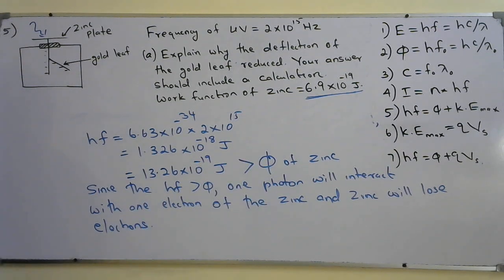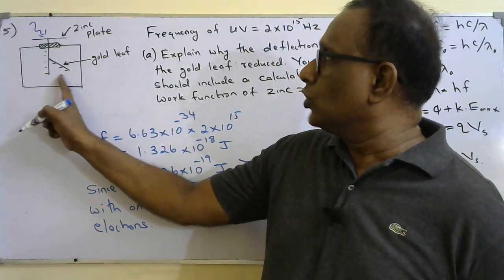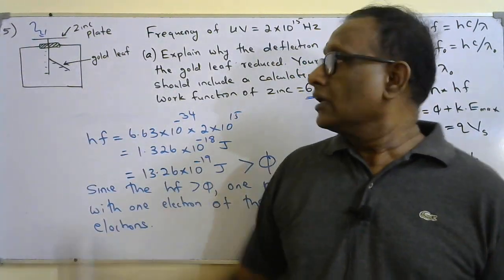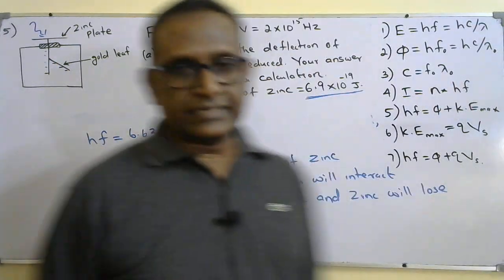You can continue, I am not writing. When the zinc loses electrons, it will become positively charged. It will attract electrons from the gold leaf and central stem. So the concentration of charge will decrease, the deflection will decrease. That's the answer.